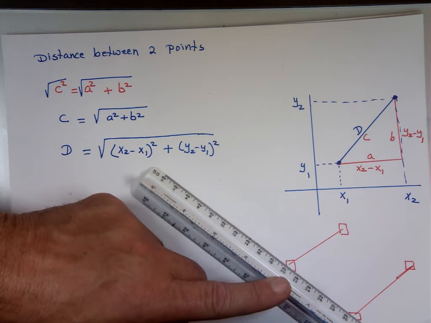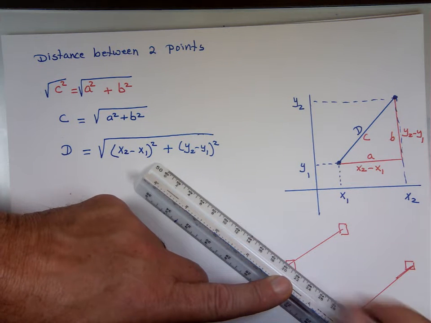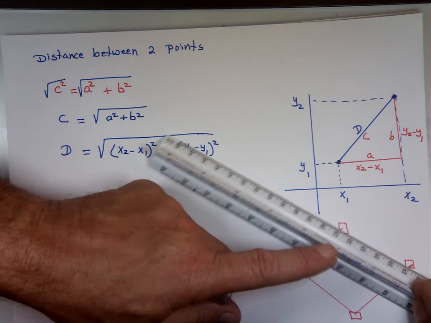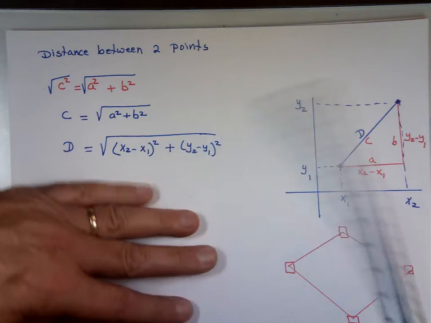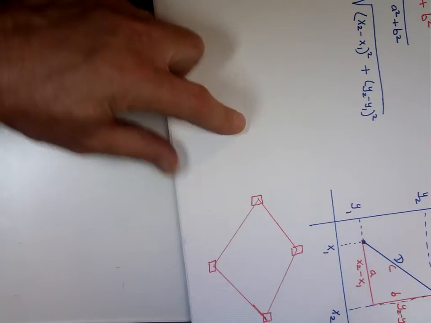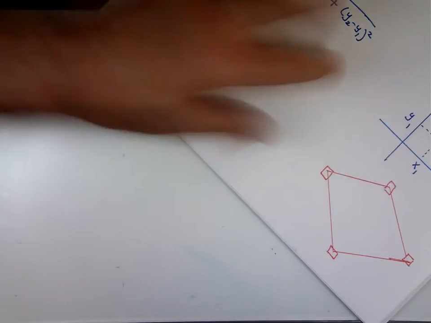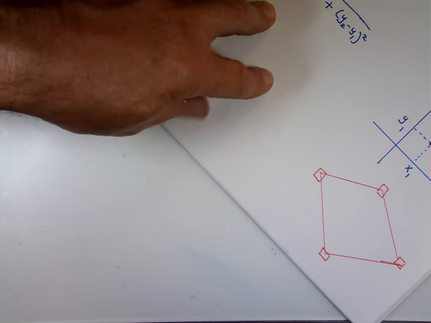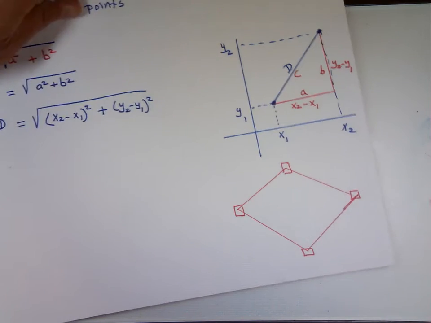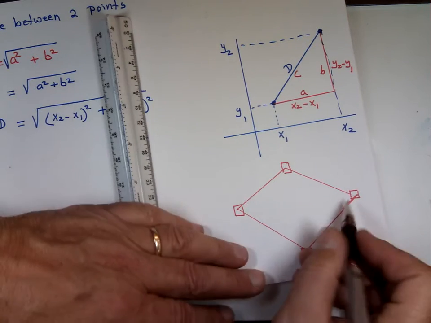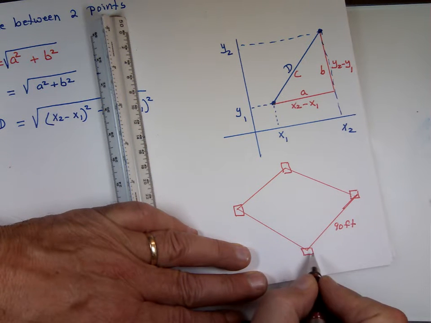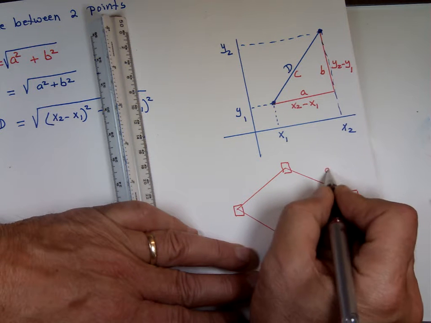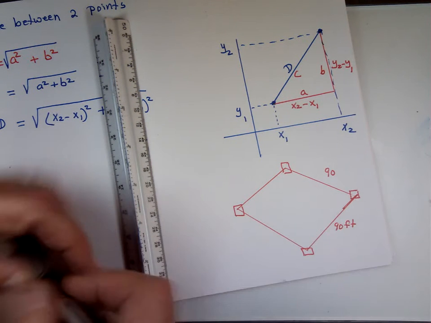That's what the diamond looks like. But if you take that and turn it, it looks like a square if you do it flat. So if this distance is 90 feet, this distance is 90 feet, and you want to find that distance.